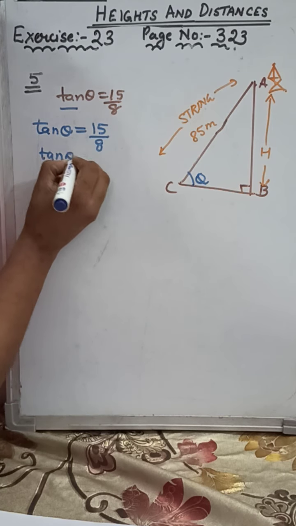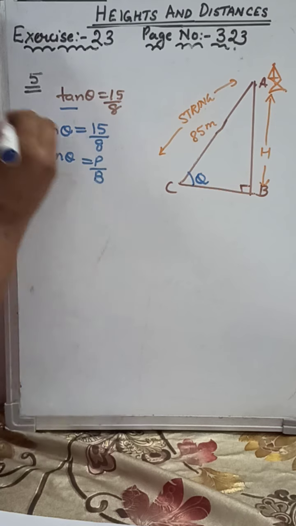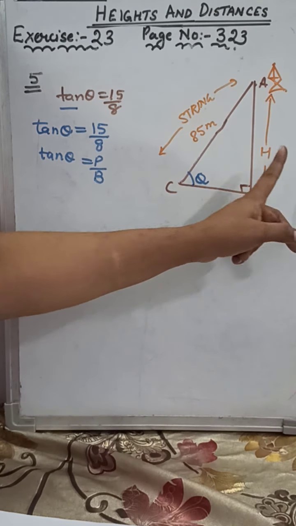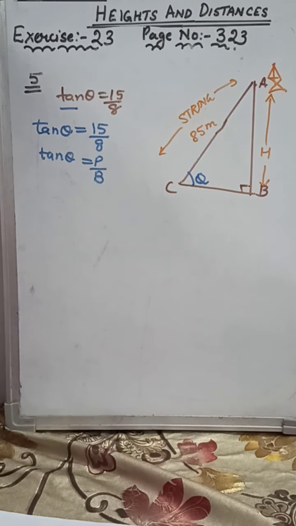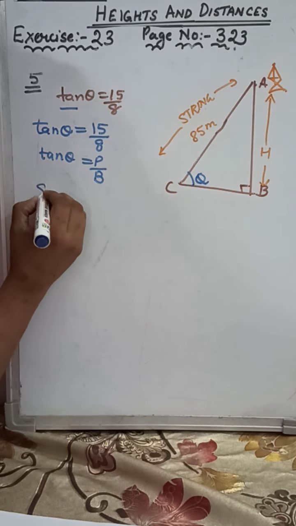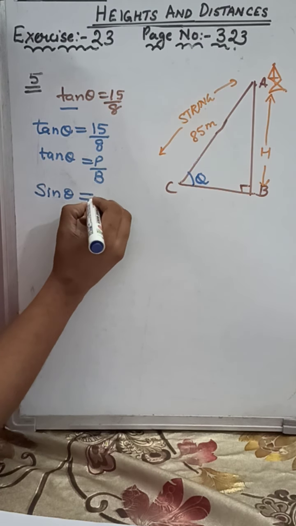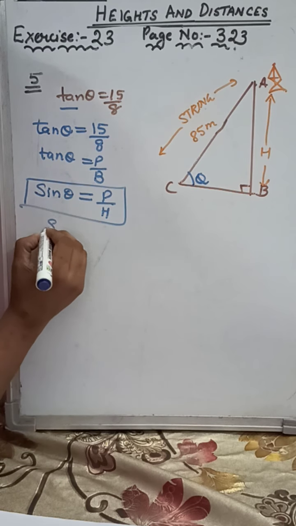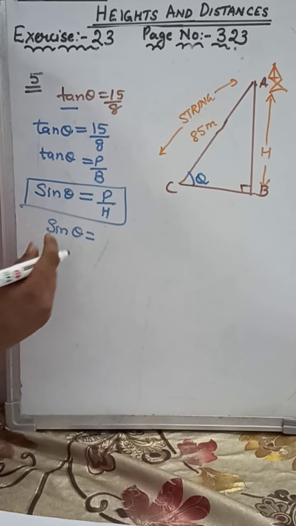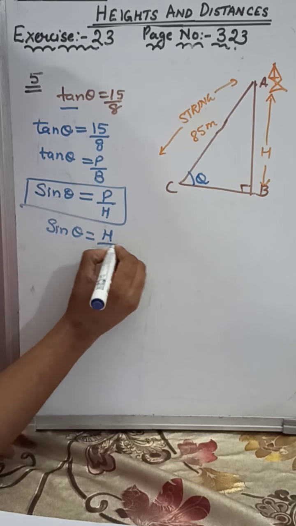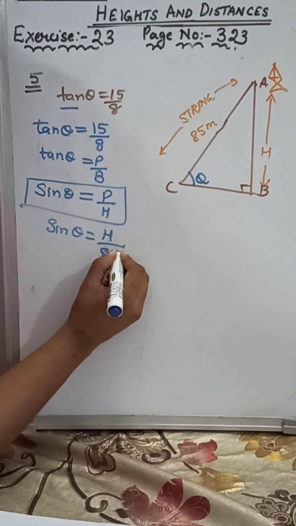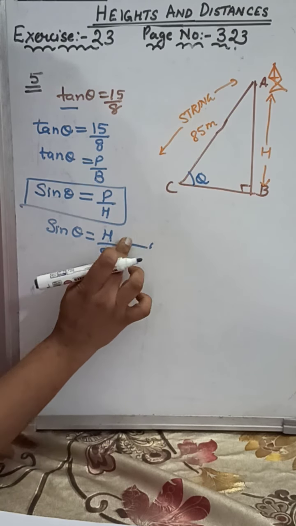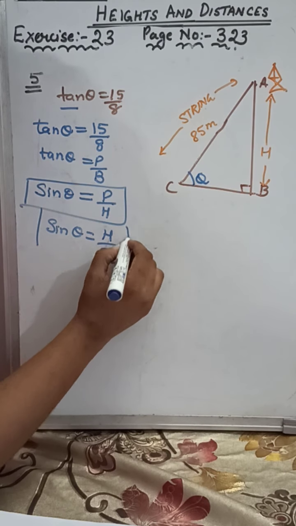Tan theta is equal to perpendicular upon base. But over here, perpendicular and hypotenuse are given to us. So for that we will use the formula of sine theta. Sine theta is equal to perpendicular upon hypotenuse. Clear? So sine theta will be equal to perpendicular h, hypotenuse 85. So this will be the value of sine theta.